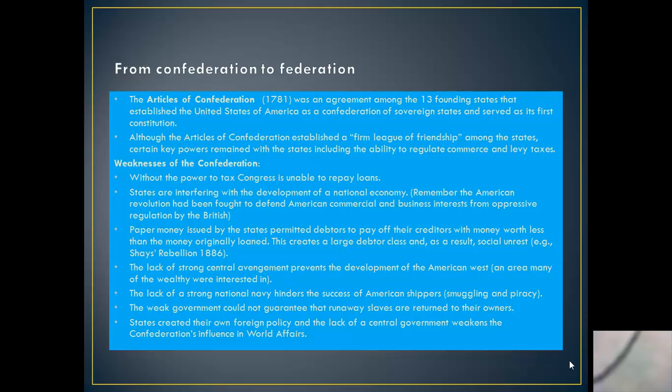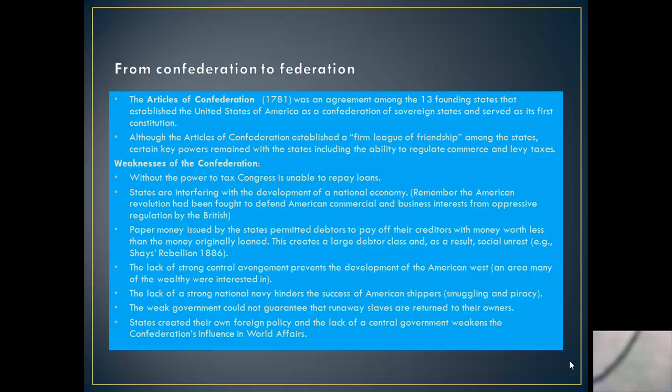From Confederation to Federation. The system that preceded the Philadelphia Constitutional Convention were the Articles of Confederation from 1781, really a loose agreement among the 13 founding states that established the United States as a confederation. What is the difference between a confederation and a federation?